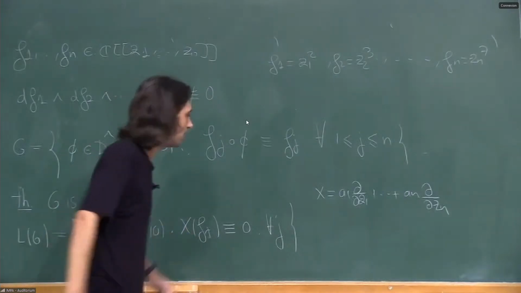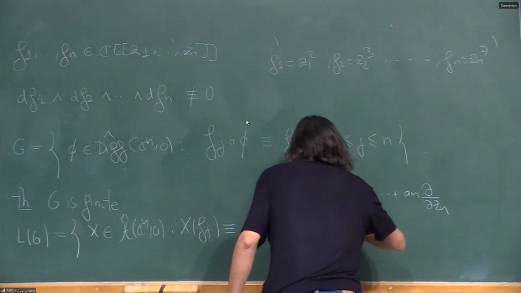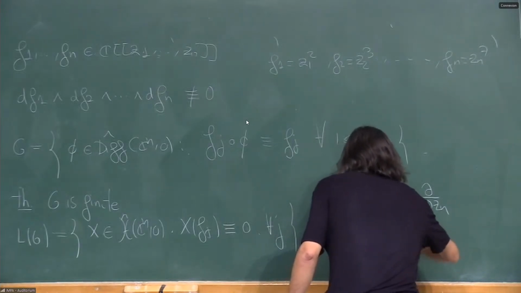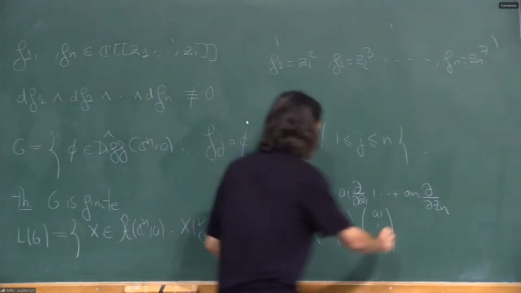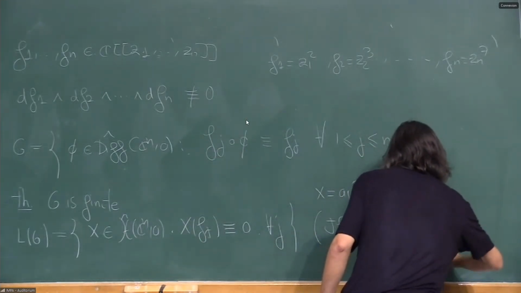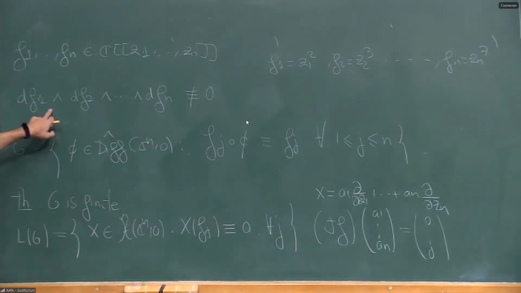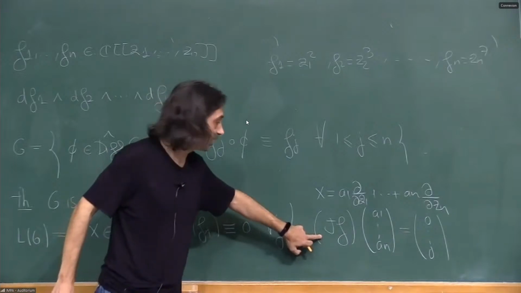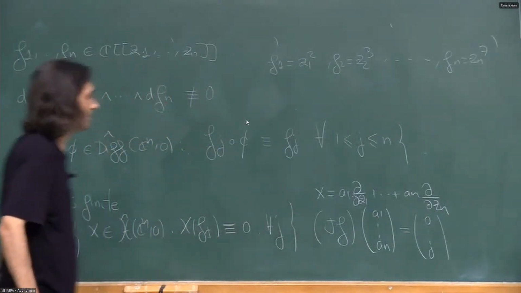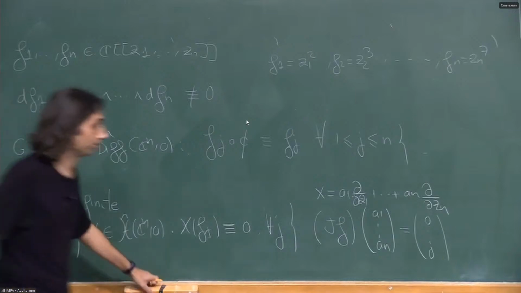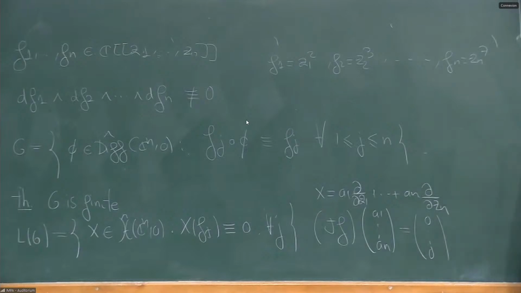This condition is the same as saying that the Jacobian matrix of F times the vector of components of X is the zero vector. These are equivalent, and precisely this condition implies that this determinant is non-identically zero. So because of that, the unique solution to this set of equations is the trivial vector field, right?